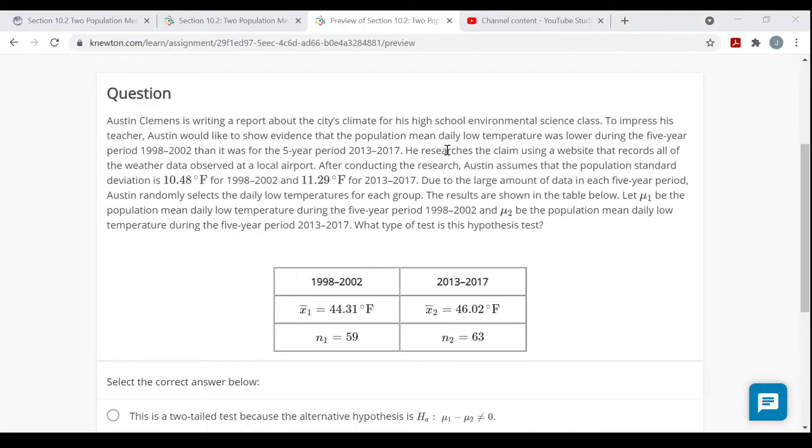He researches the claim using a website that records all the weather data observed at a local airport.